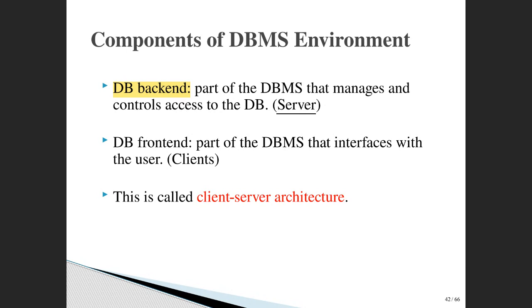These are types of hardware: database backend, which means server. Backend means the device that is used in the background of the system. So it will be managed by the database management system and stored on a server. And database front end, which will be providing interfaces, who are clients.